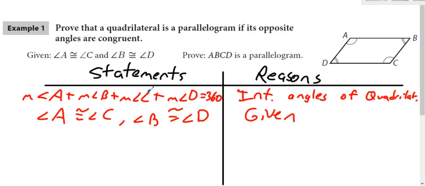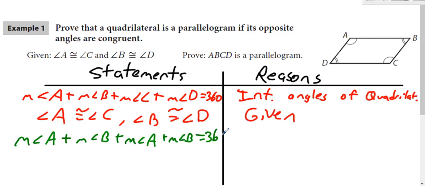We can replace angle C with angle A. Instead of the measure of angle C, we're going to write the measure of angle A because they are congruent. Similarly, instead of writing the measure of angle D, we're going to put measure of angle B because they are congruent or equal. So our reason right there is just substitution.